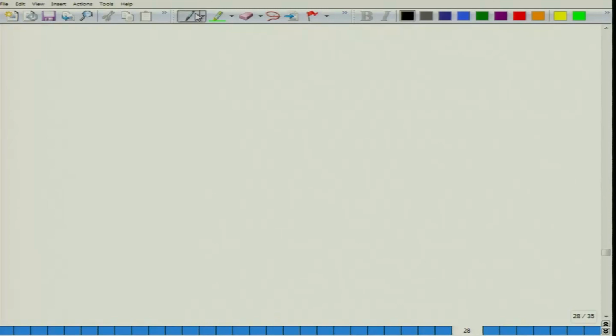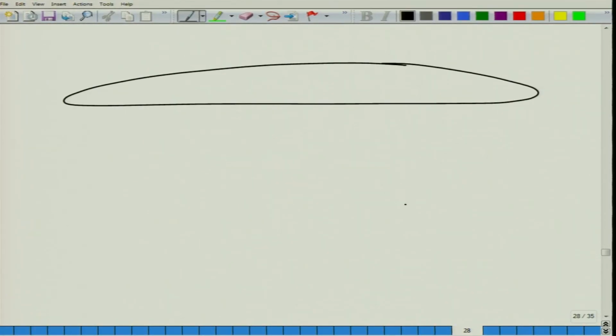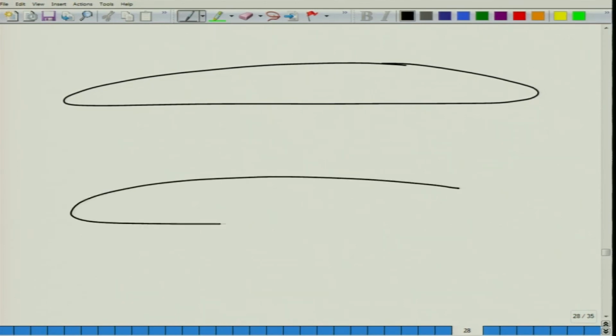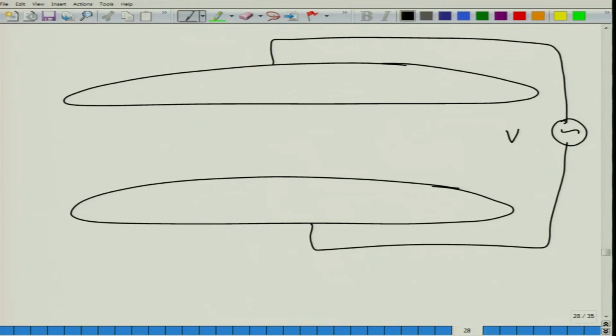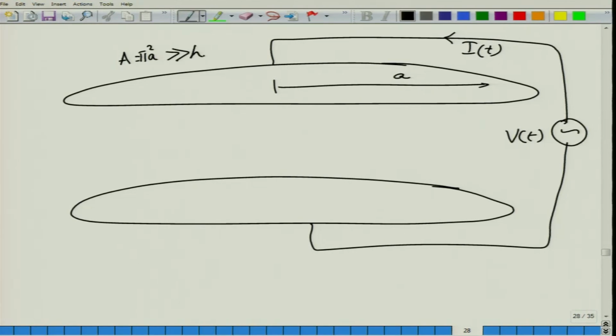Let me go back and write down the plates over here. These are the plates that I am considering, and to them I connect an external voltage generator or EMF generator V of t, which will supply a current I of t to the plates. We assume that the plates have a radius of a, and therefore their area A, which is pi a square, will be much larger than the separation h between the plates.